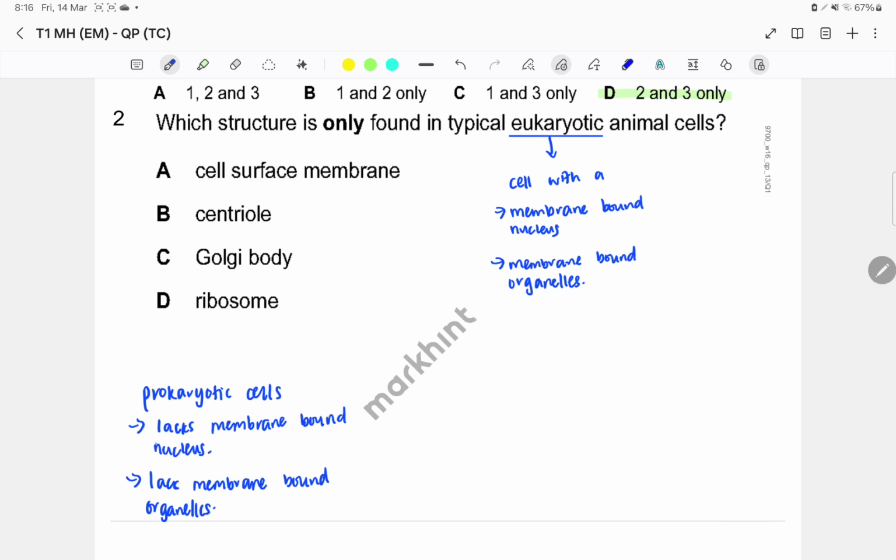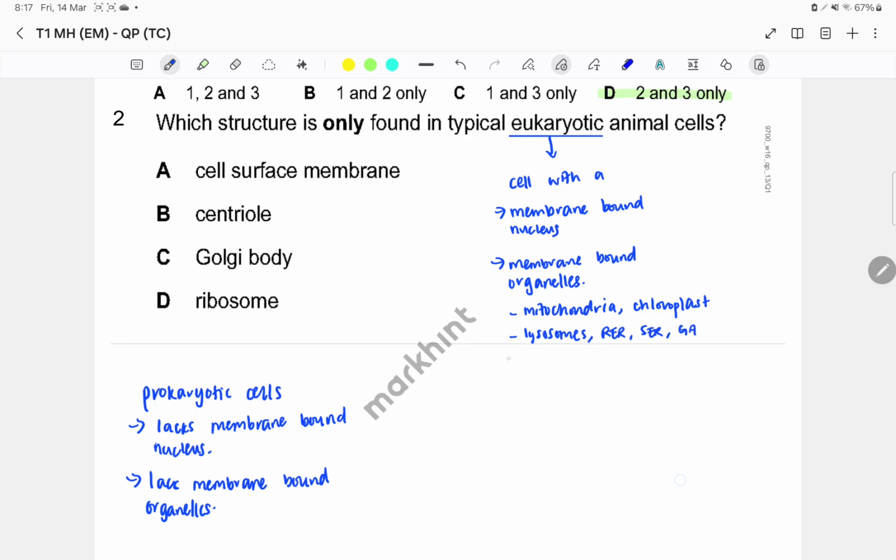I'm sure you would remember the examples of membrane-bound organelles. For example, there are organelles which have a double membrane, such as the mitochondria and the chloroplast, and of course the nucleus itself. But we also have, for example, the lysosomes, the RER, the SER and the Golgi apparatus.